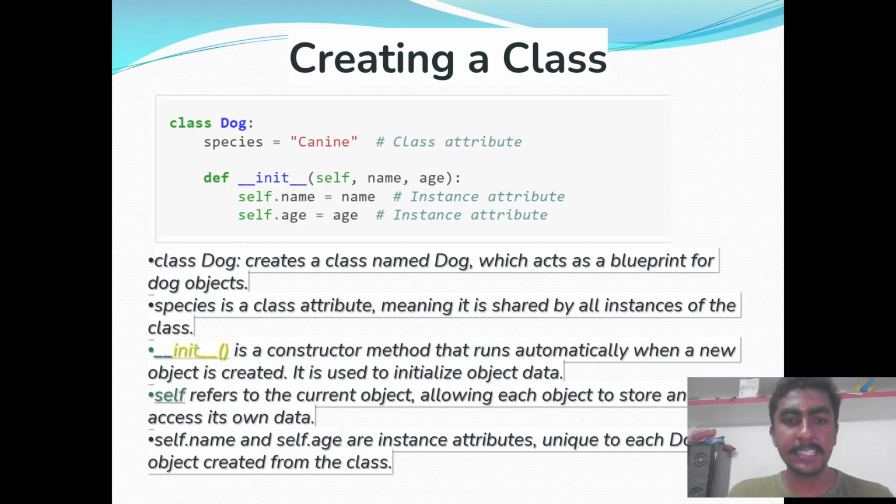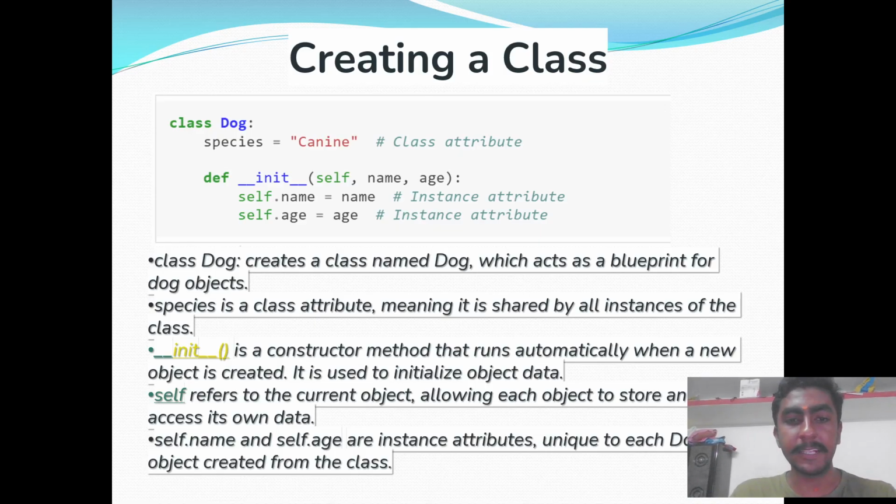The PPT creates a class named Dog. The first line, class Dog, creates a class called Dog. At this moment, no object has been created. Only the blueprint has been prepared. Now the next line in the PPT defines species equal to Canis familiaris. According to the PPT, this is a class attribute.